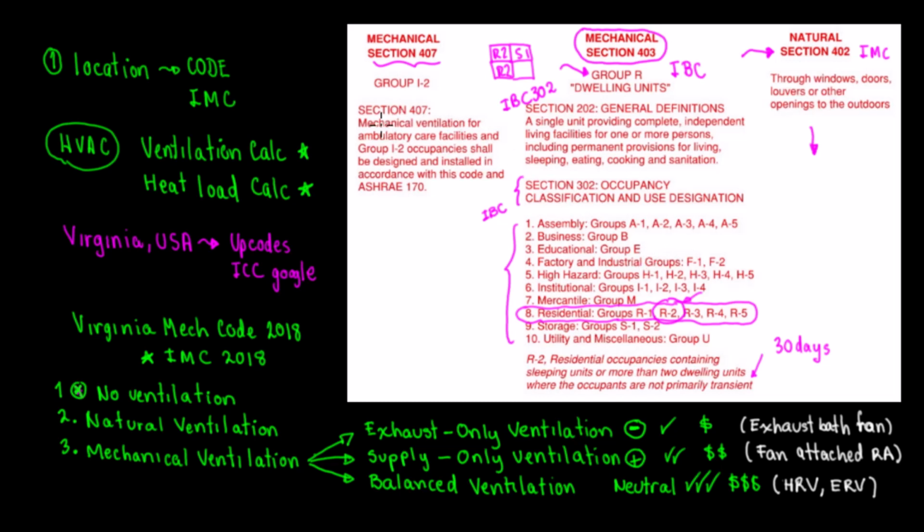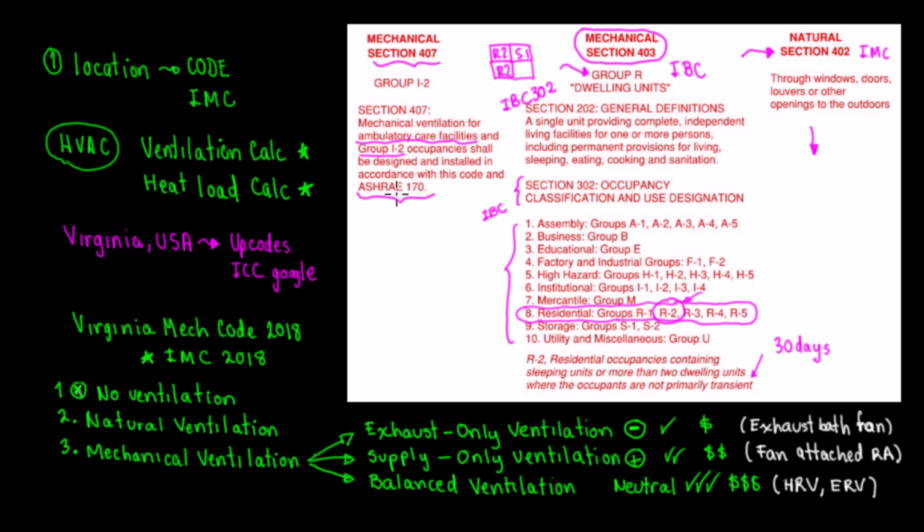Whenever you're doing healthcare, in section 407, mechanical ventilation for ambulatory care facilities and group I2 shall be designed and installed in accordance with this code and HRV 170.